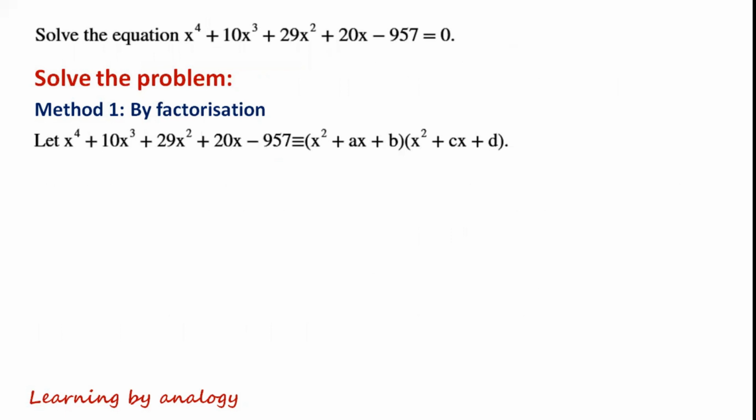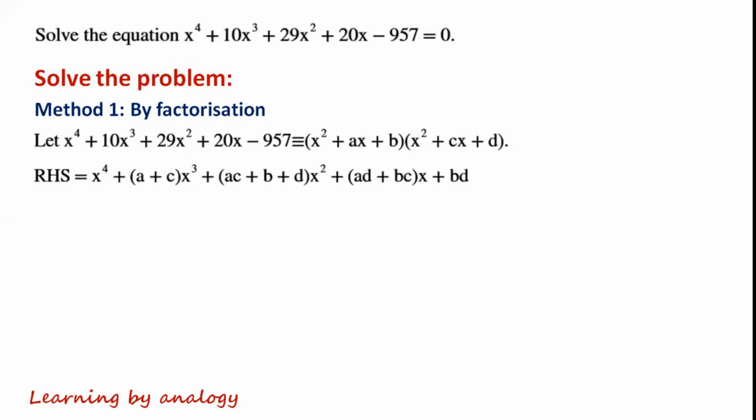Let x to the power of 4 plus 10x cubed plus 29x squared plus 20x minus 957 be equivalent to x squared plus ax plus b times x squared plus cx plus d.